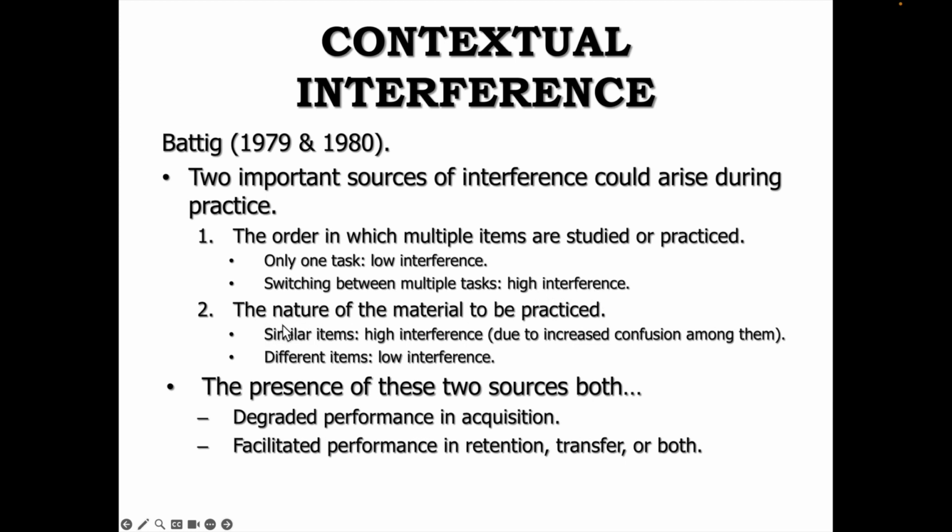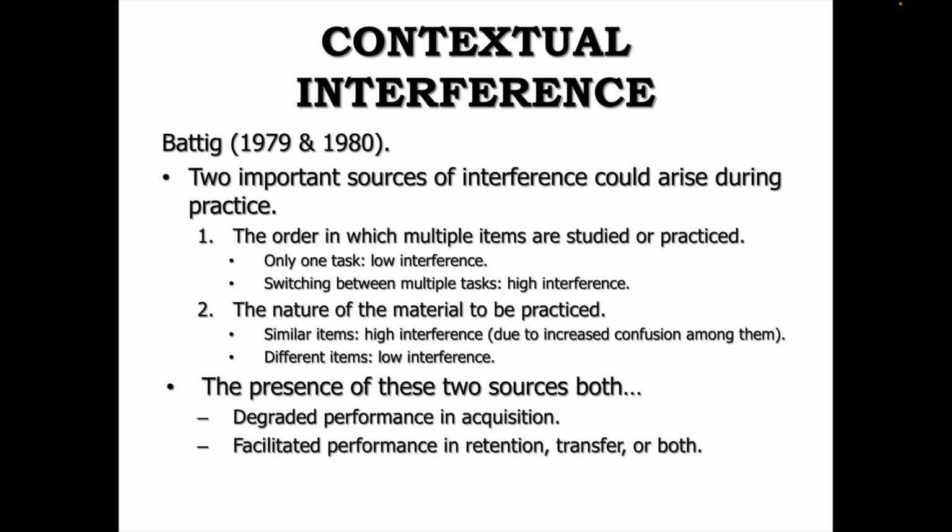Number two would be the nature of the material being practiced. If we're practicing similar items, there would be high interference between them, due to the increased confusion about them. An example might be learning how to throw a baseball and learning how to hit a tennis ball with a tennis racket.